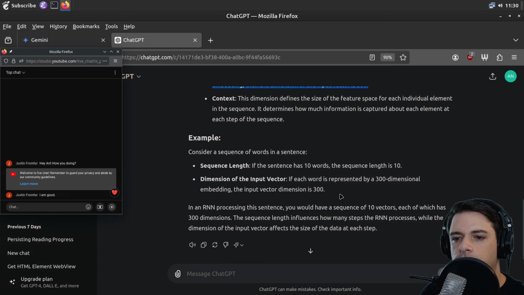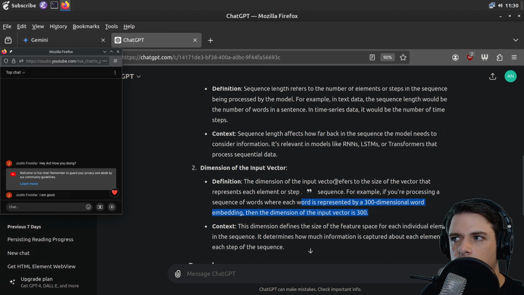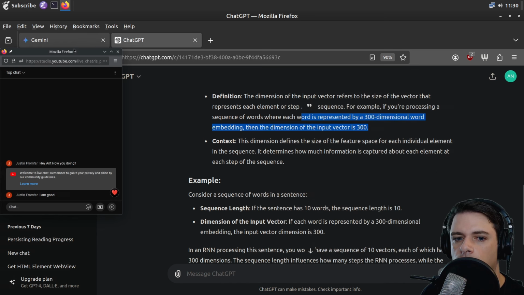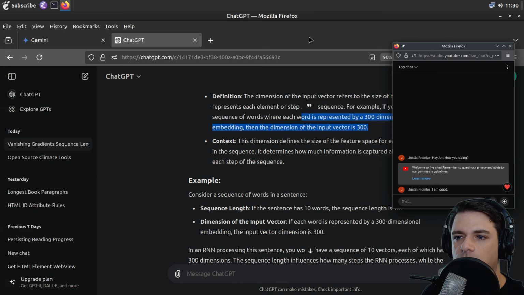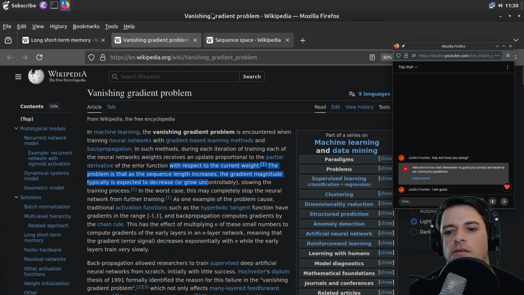Okay. I still think that's dimension, but they're dimensions of different things. Okay, that's fine. Fair enough.